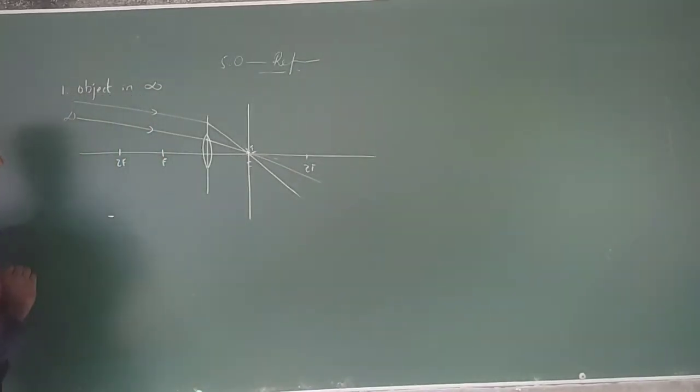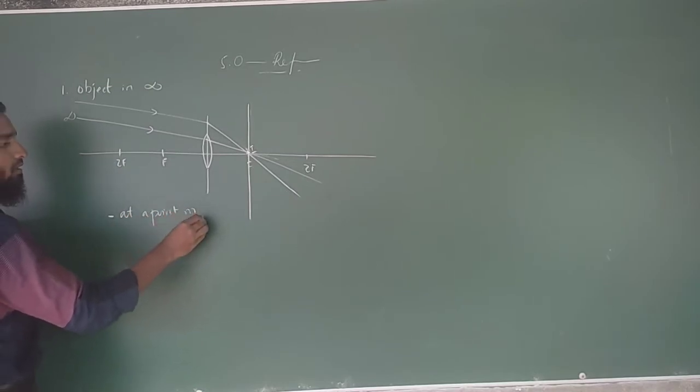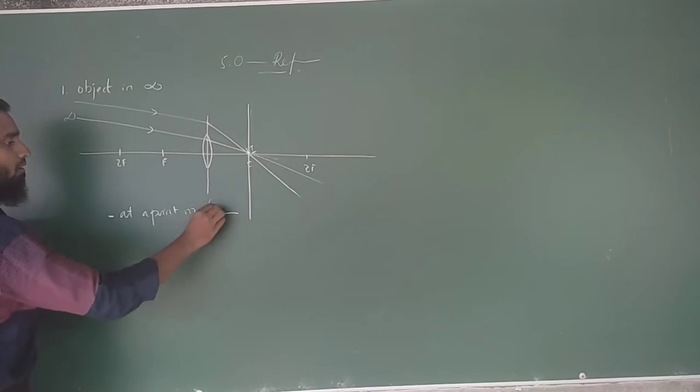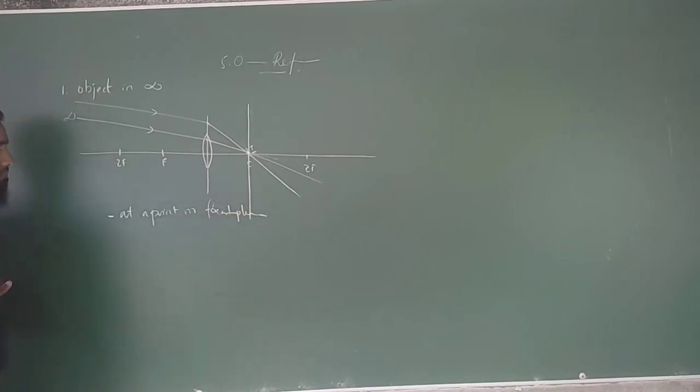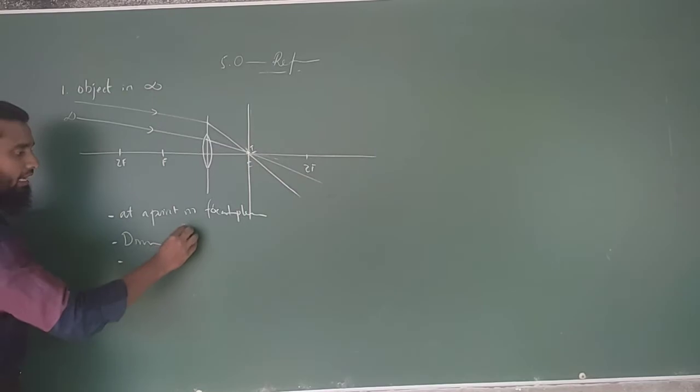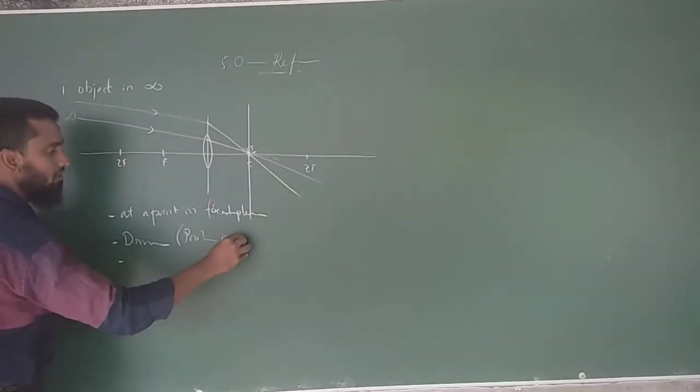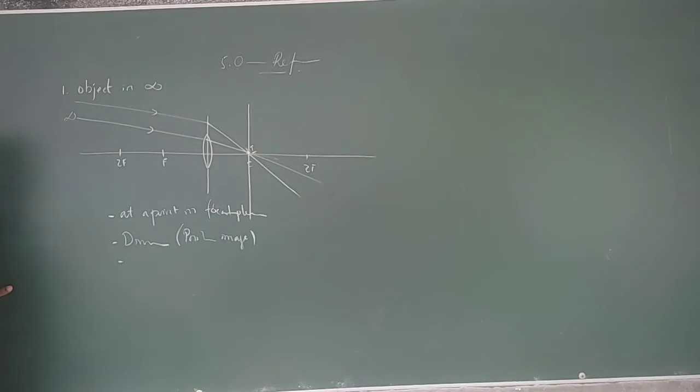If you consider the characteristics of the image: first, where we are obtaining it, at a point in the focal plane. Second, size of the image, diminished, small in size, or we can say a pointed image. The third, appearance, vertically inverted.